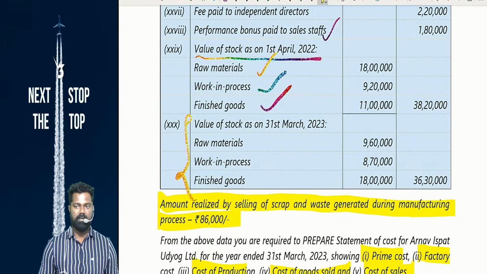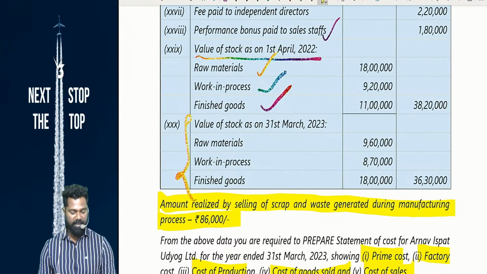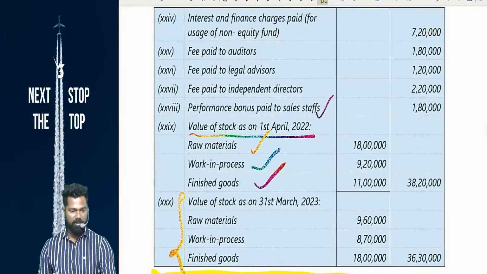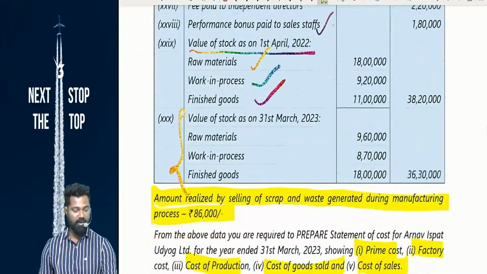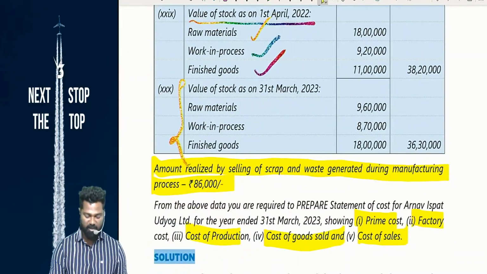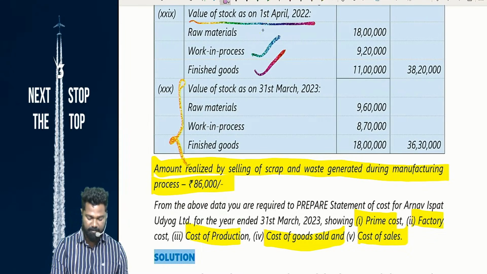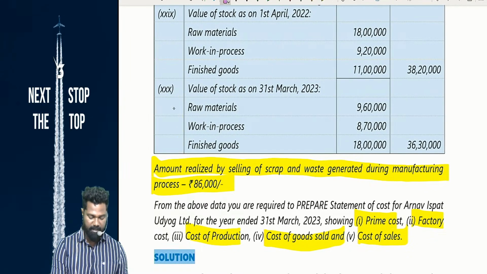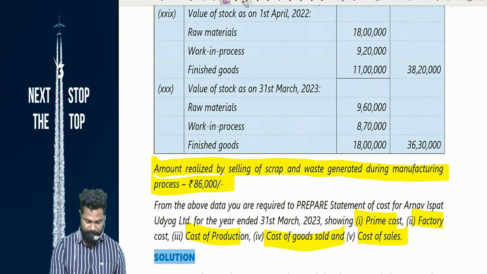Direct material consumed. For preparing direct material consumed, what is the formula? Opening stock of raw material. Tell me how much is the opening stock of raw material given in the question. Look at the board. 18 lakhs. Can you all see that?